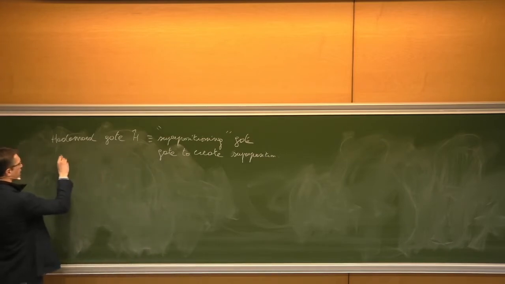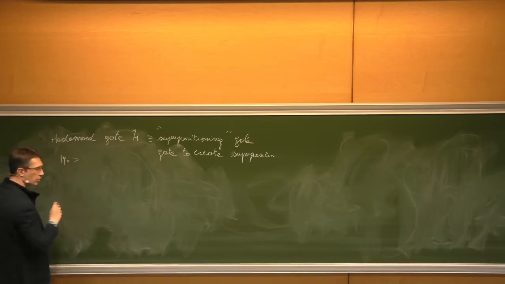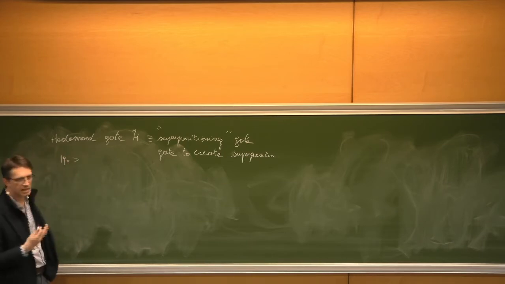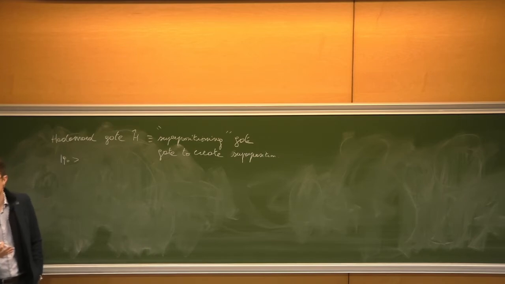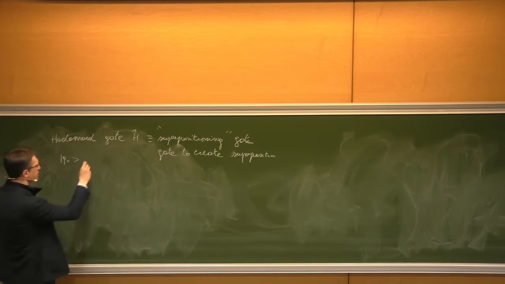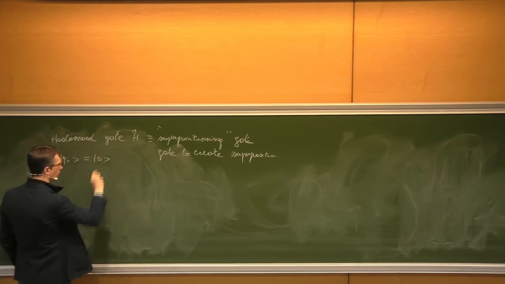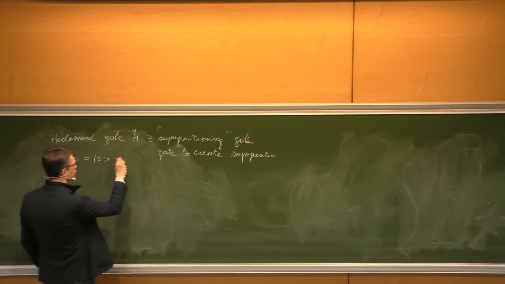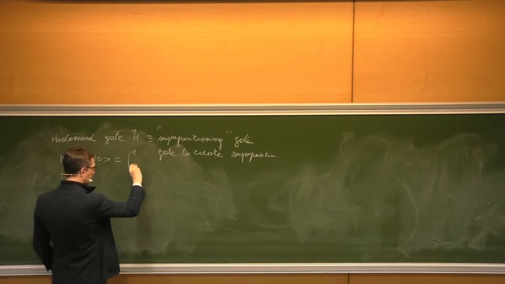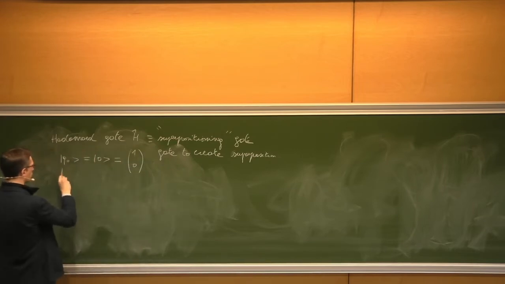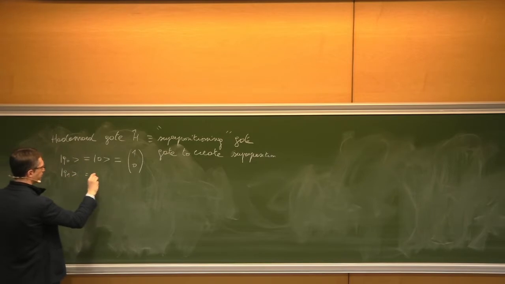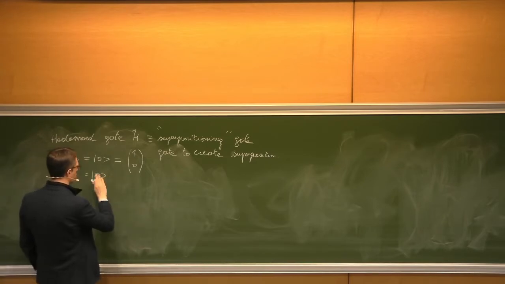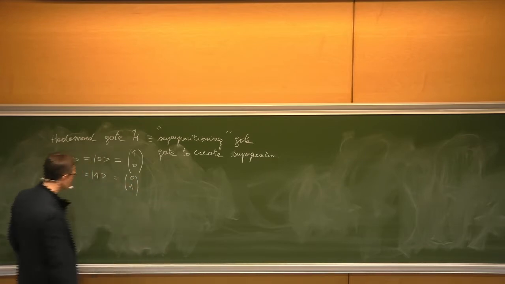So let's say I have my qubit Q0, and let's say that it's not in a superposition state, so it's one of the states, the zero state. And so I can represent it as a column vector, like so. And if I were to have Q1, sorry, then I would have (0, 1).